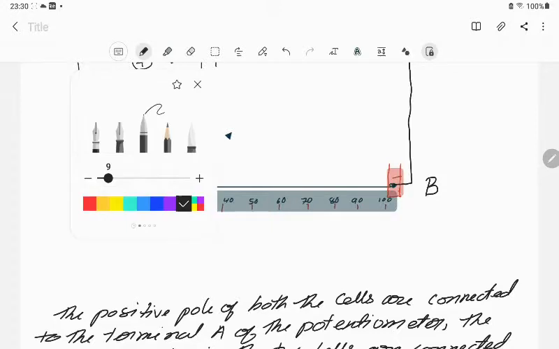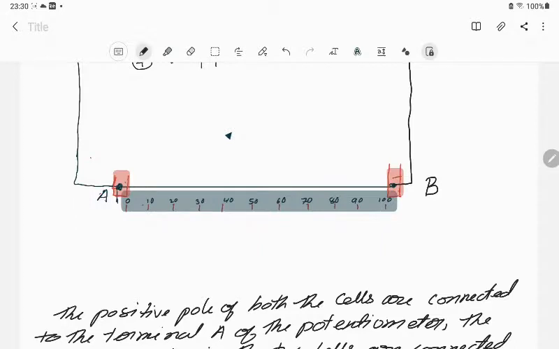Now here I will connect two cells, E1 and E2. This side is plus, this side is plus, and this side is minus.